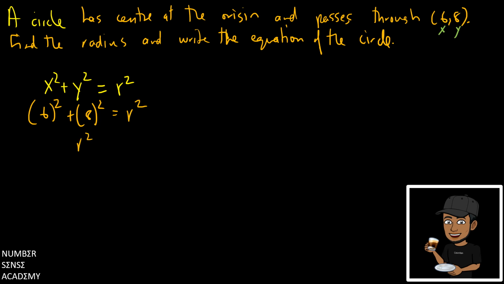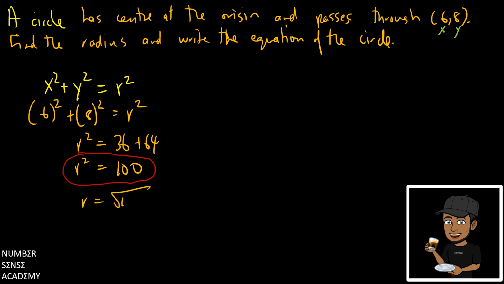So r squared is going to be equal to 36 plus 64. R squared is equal to 100. I'm going to circle this because I'm going to come back to this later. As I progress, I find that r is just the square root of 100, and r is equal to 10. So this is my radius, which is great.